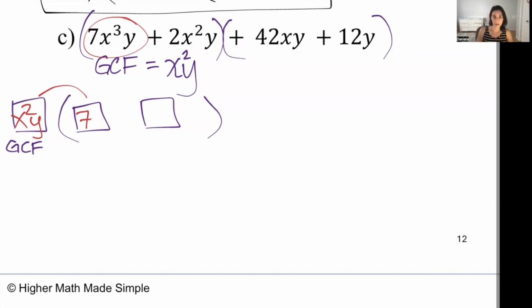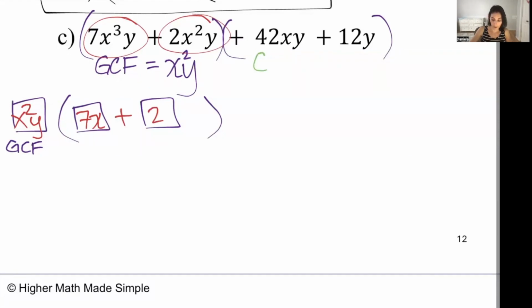I need 1 more to make it x to the third, right? Because the exponents have to add up to 3. And it already has a y. I don't have to put another one. And then x squared y times what gives me 2x squared y? So notice that already says x squared y. We already have it. The only missing thing is a positive 2.